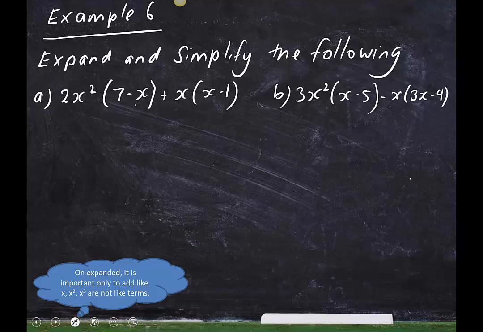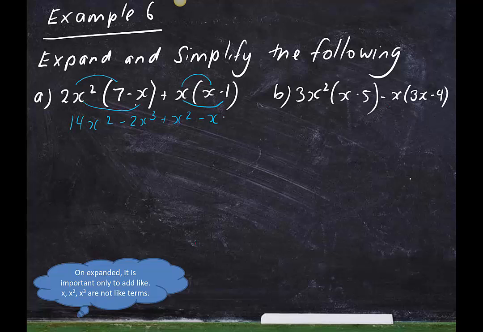Example 6. This one's a little bit complex. We've got 2x squared times 7, which gives us 14x squared. We have 2x squared times minus x, that gives us minus 2x cubed. Then x times x is x squared, and x times minus 1 is minus 1x, or just minus x.